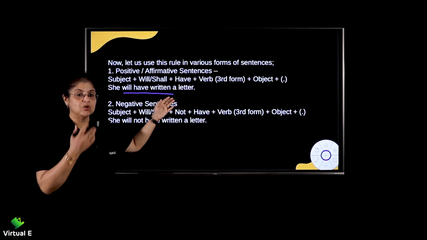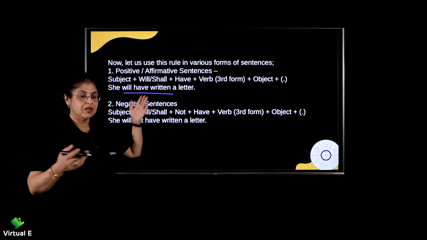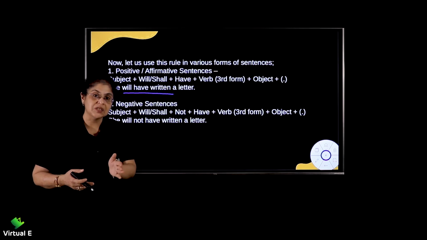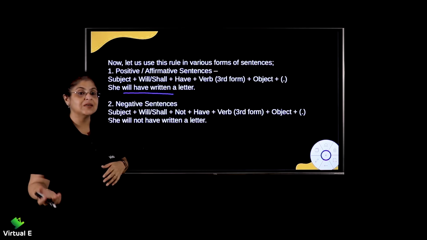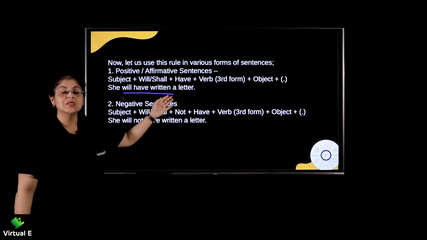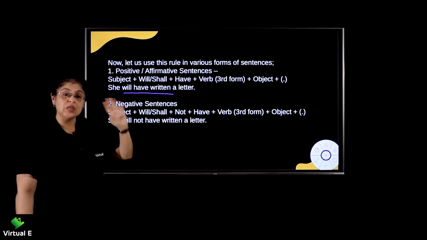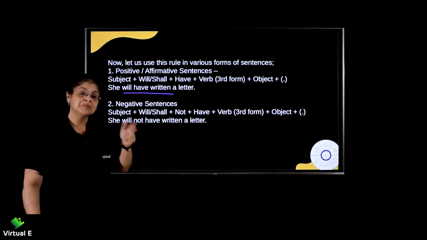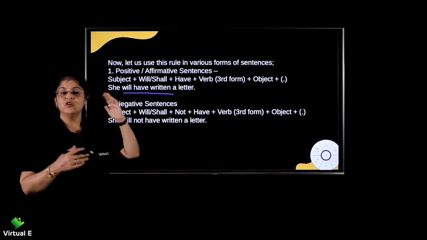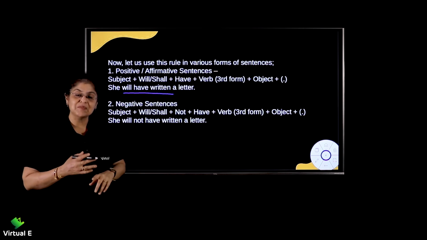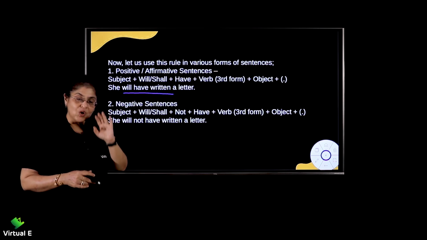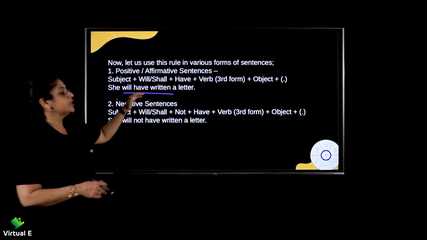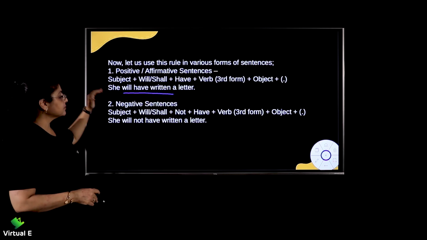And verb 3 we know: write, wrote, written. Write is the present form, wrote is the past, and written is verb 3, which we use in the perfect tense. In all the three perfect tenses, present perfect, past perfect, and future perfect, we use verb 3.